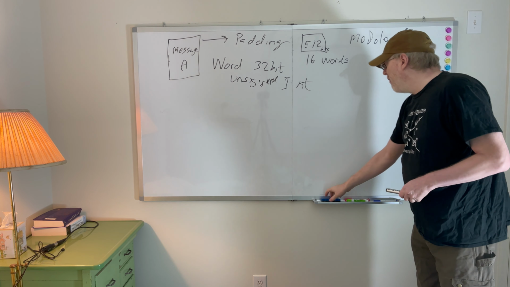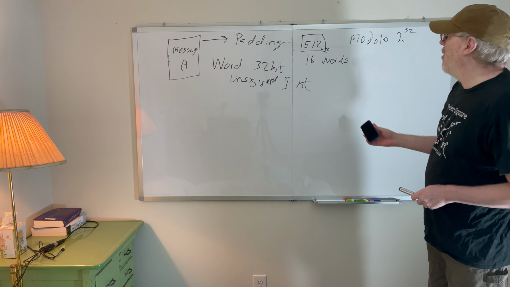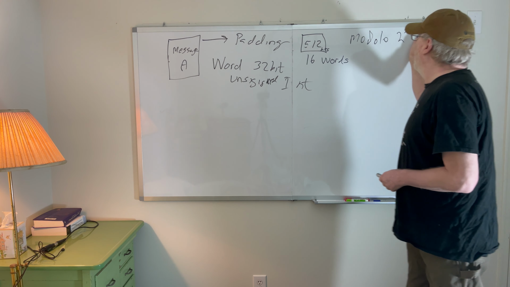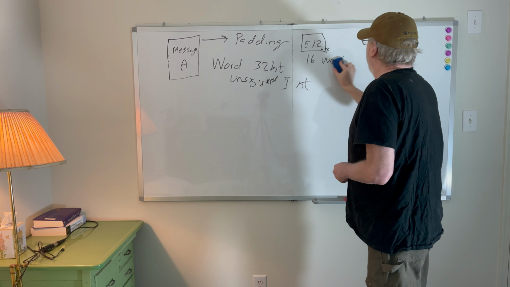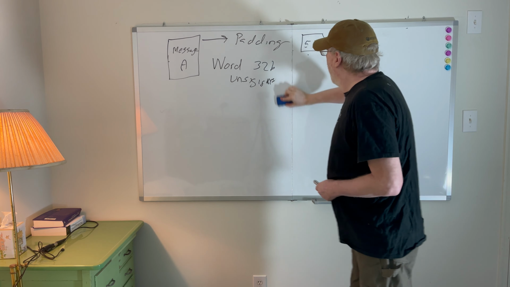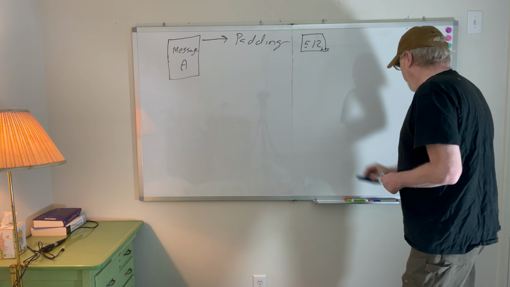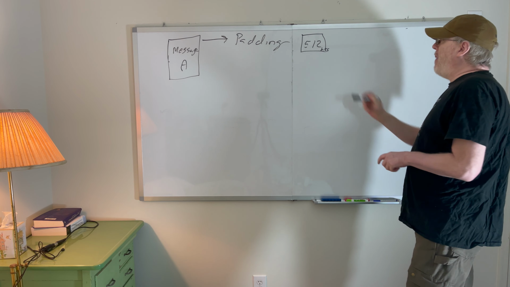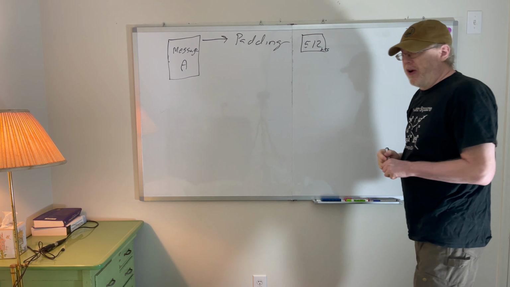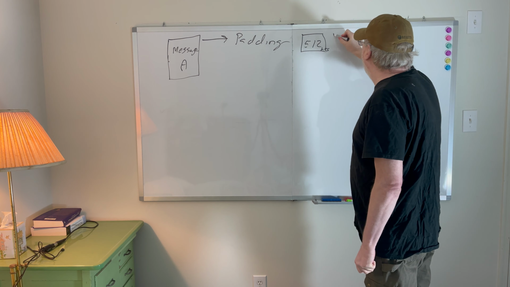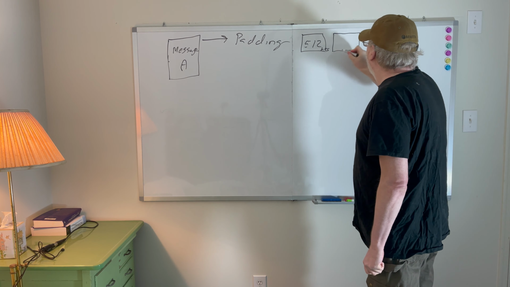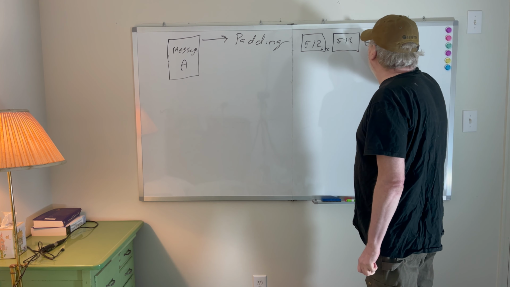And there's actually a fair bit of that going on in the algorithm itself. Okay, so the message is padded, if necessary, so that it's a series of 512-bit blocks.